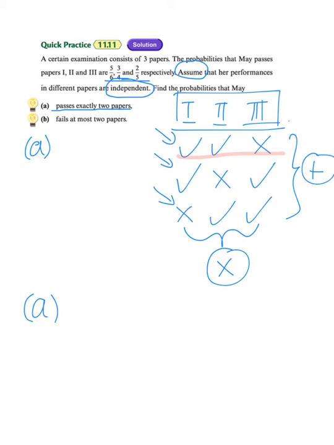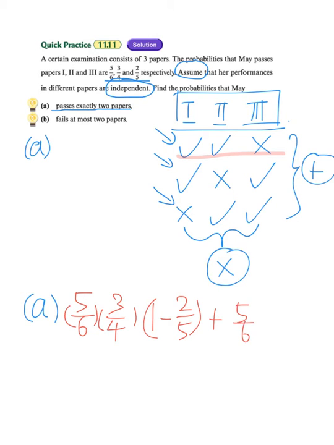The first 2 papers pass, and the third paper fails. That means the complementary event of passing. So this is the first probability. And the second situation, we put an addition right here.